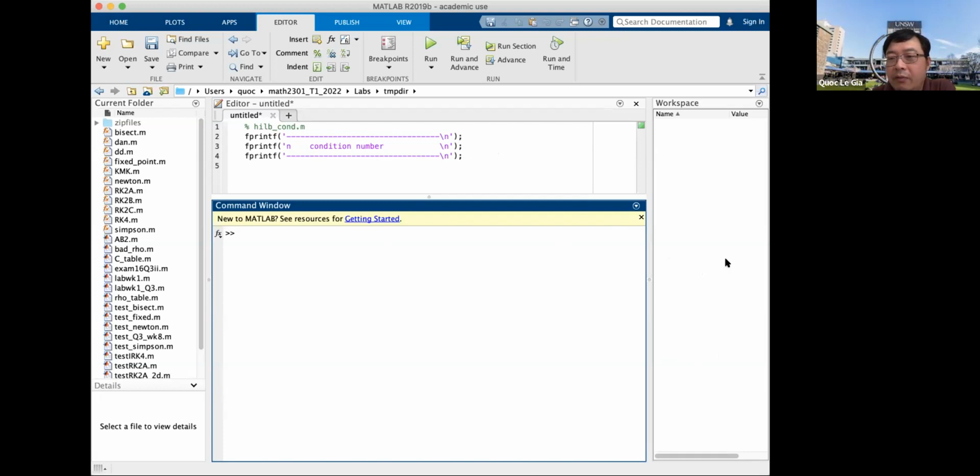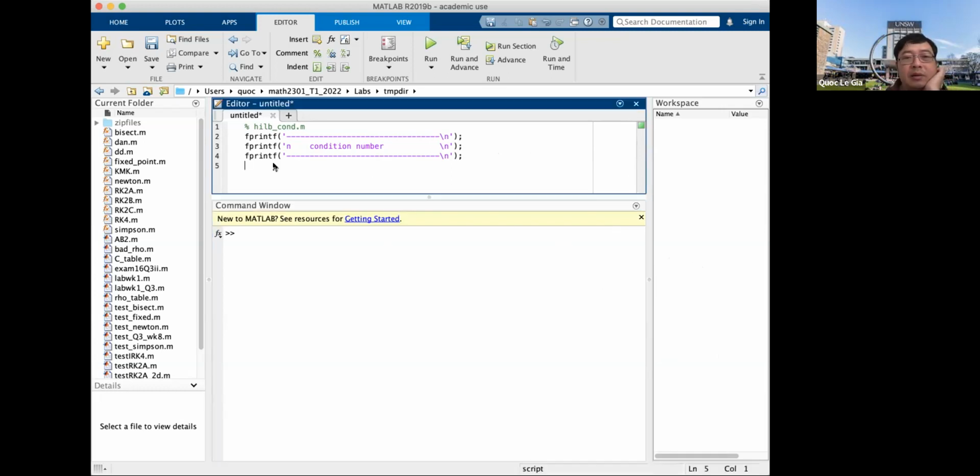Yes, you can use a while loop. What is the condition for the while loop? There's some condition like this, and you have n in the while loop.